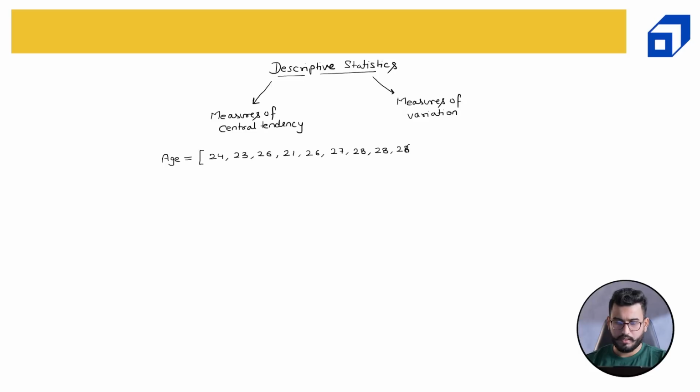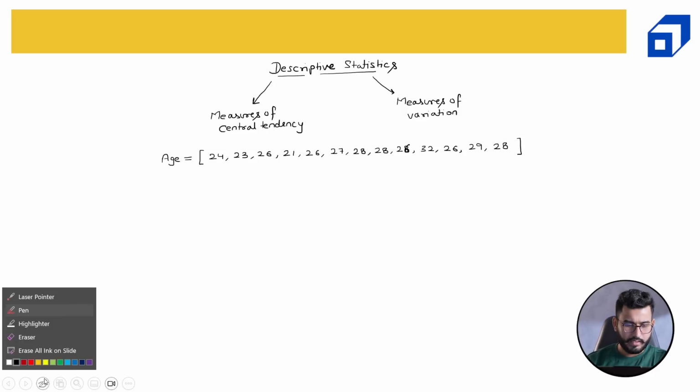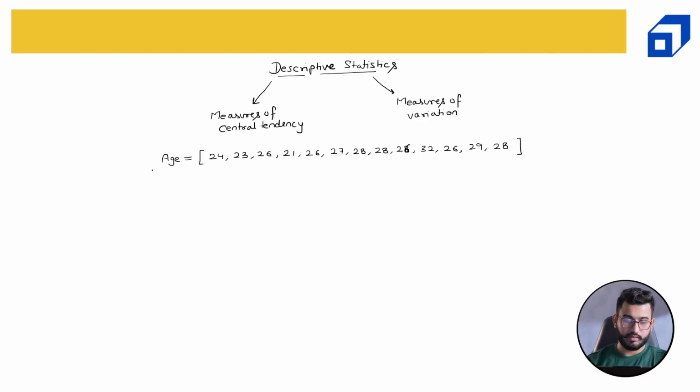Okay, let's make it as 26, then 32, 26, 29, and finally 28. This is the data I'm having. Please remember, each data point over here describes a particular student. So here we have student number 1, 2, 3, 4, 5, 6, 7, 8, 9, 10, 11, 12, and 13.